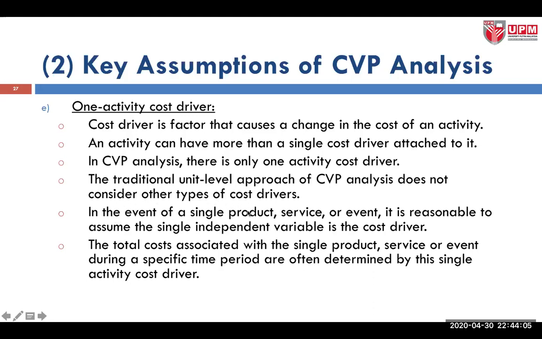In the event of a single product, service, or event, it is reasonable to assume the single independent variable is the cost driver. The total cost associated with a single product, service, or event during a specific time period is often determined by this single activity cost driver. One activity cost driver is normally associated with one single product.